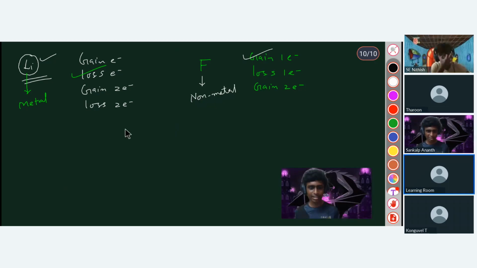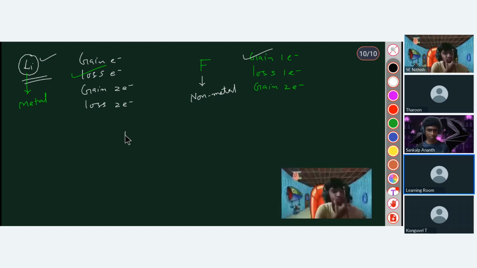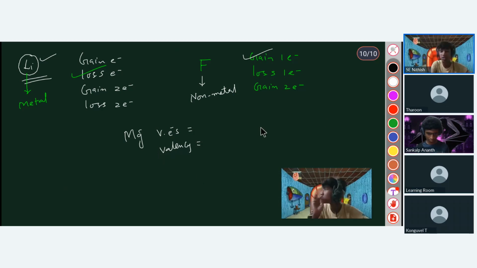Okay. Now, let's say I'm having magnesium. You have to tell me the valence electrons and the valency of this magnesium. So the valence electrons are 2, and the valency is 2.